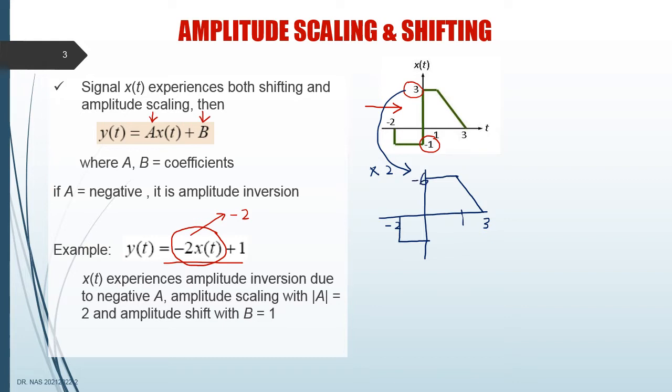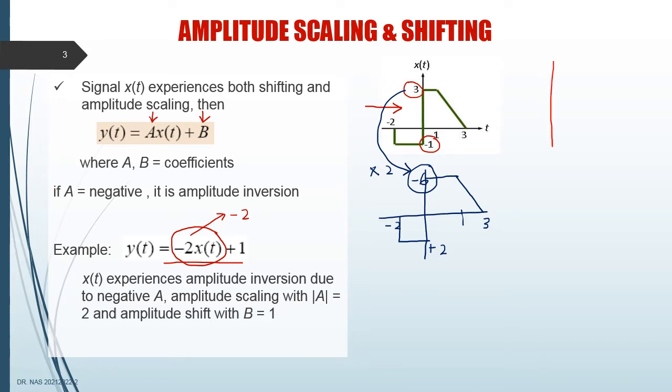And here -1 multiplied with -2, you get +2. Then you need to reorder the axis, because you cannot have the negative signal on top. So now redraw or rearrange the axis.